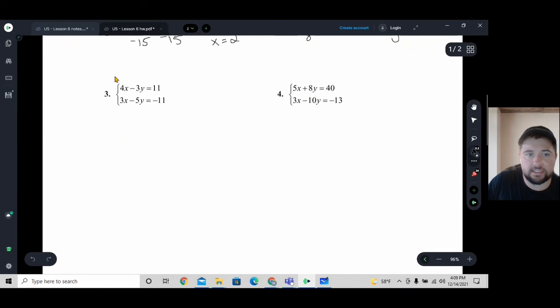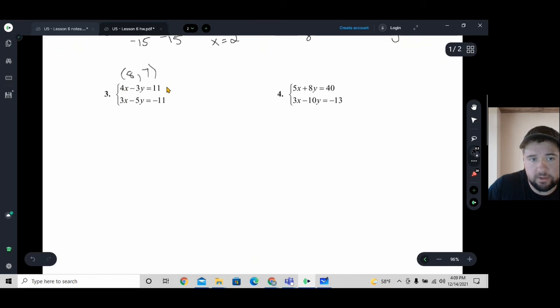Problem number 3, the answer is 8 and 7. If we got 8 and 7, we can move on to the next problem. If not, let's work it out. 4x minus 3y equals 11. 3x minus 5y equals negative 11. I don't have anything offset, so what I'm going to do is get rid of my x's.